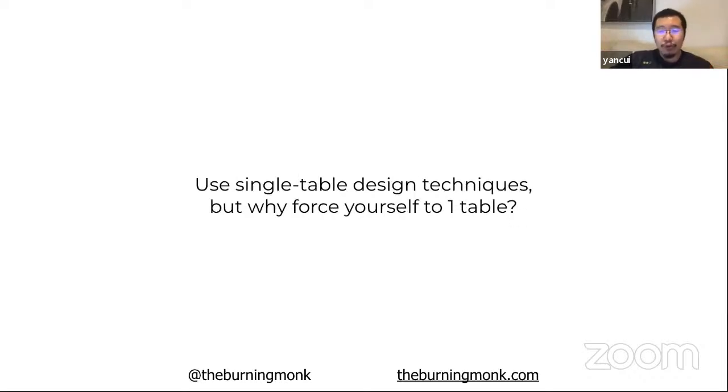Well, I do use some of the modeling techniques that go with single table design, and I do put some of the entities into one table where it makes sense because I need to always query them together. But other than that, I don't see why I should force myself to put everything into one table. It's in most cases just impractical.